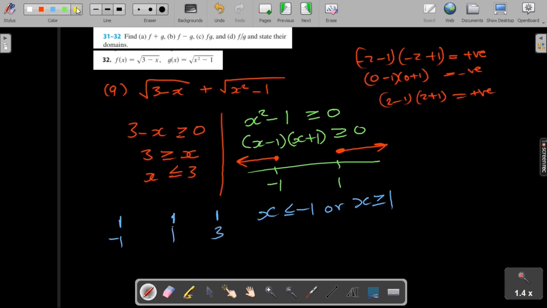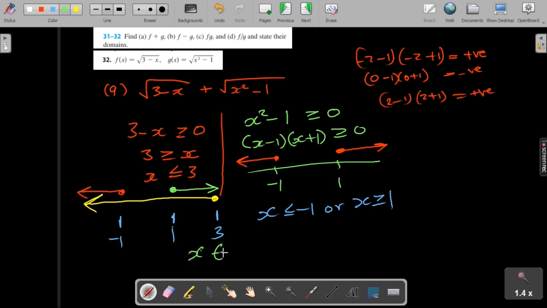So one part says x less than or equal to 3, which is all of that. Another part says x less than or equal to minus 1, which is all of that. Then another part says x greater than or equal to 1, which is this part.